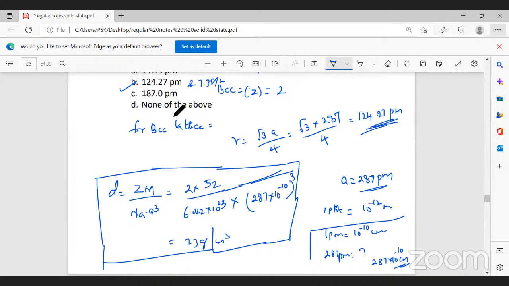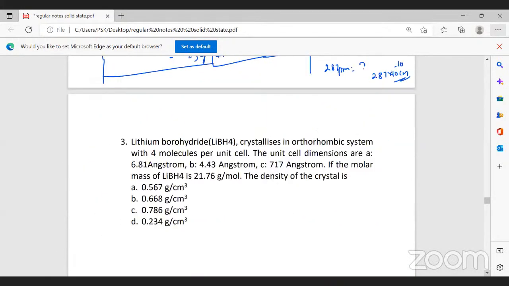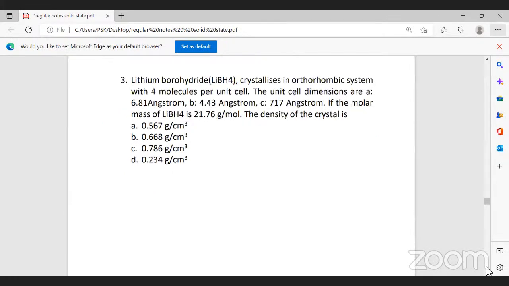So they can ask you to calculate both, and you should be in a position to work out the problems. Followed with these two questions? Yes, sir. The third question is similar. We'll work a few questions based on density, and then go to calculation of radius, edge length, all that a little later.